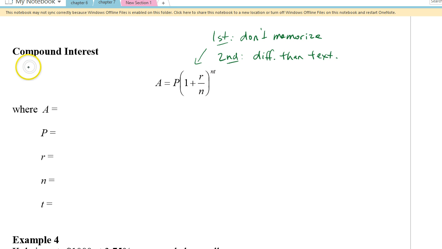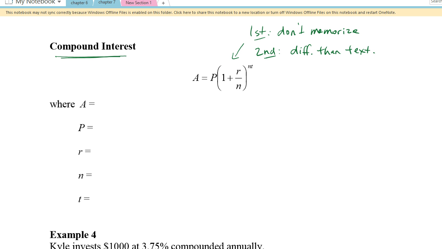So, what is compound interest? Compound interest is if you're going to be putting money in the bank, let's say you put $1,000 into the bank, and let's say you're getting 10% interest per year. So the key here is when we're talking about interest rates, this R could be your annual interest rate.